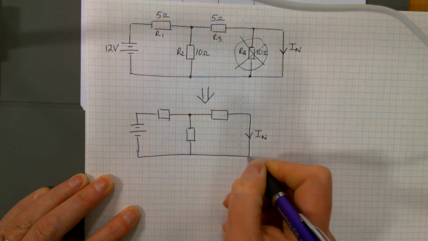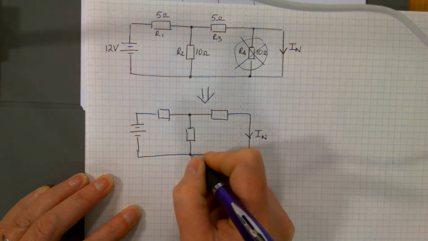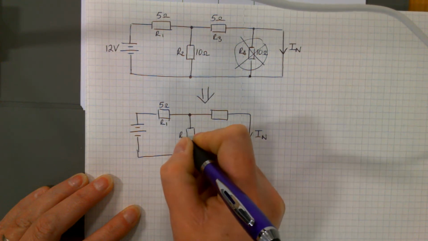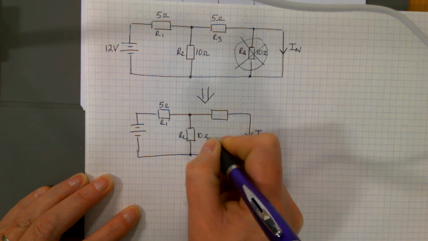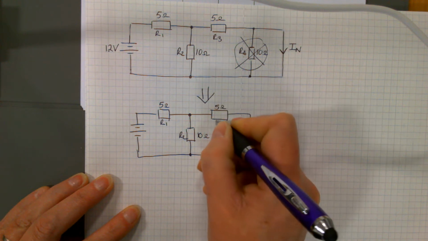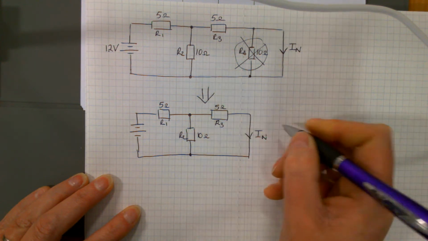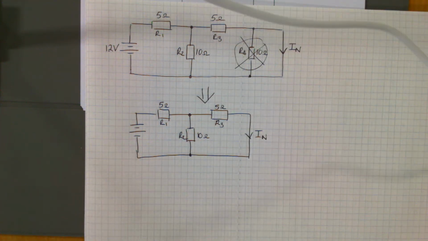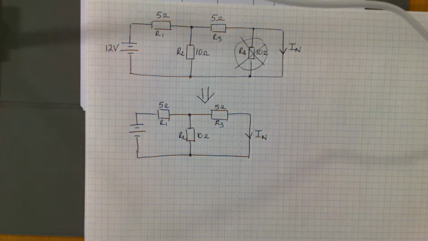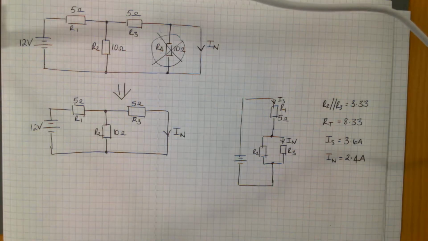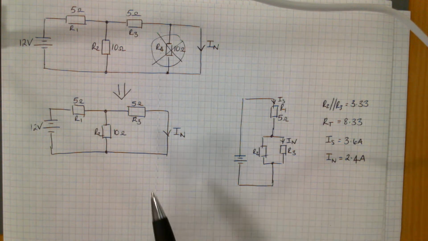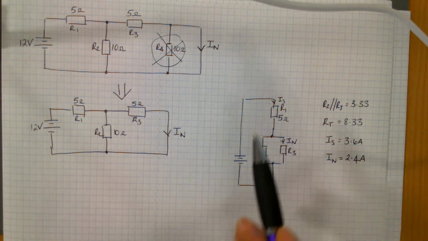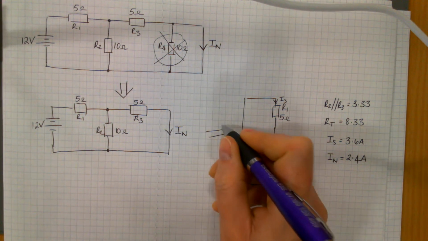So no current's going to choose to go through the R4, so you can disregard the R4 and just keep your R1, your R2, and your R3. When you do that, that circuit then becomes very similar to the one that you've just done. Okay? So then you should go from this circuit here to this equivalent circuit here.